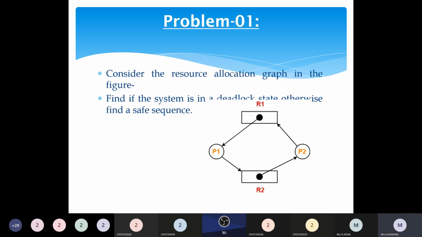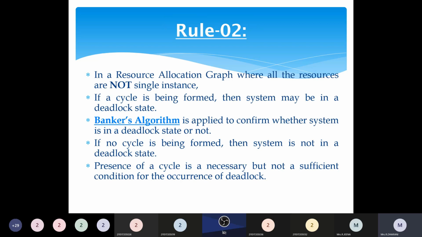Okay, so I think the problems we will see in the next class, students. So far, do you have any doubt? What we have seen so far is Banker's algorithm, how we can avoid deadlock by using Banker's algorithm and the safety algorithm with some practice problems. Then we have another method called the resource allocation graph, and we saw its components, the rules to be followed, and how we can easily detect deadlock in the resource allocation graph.